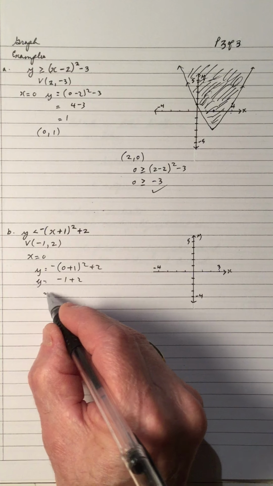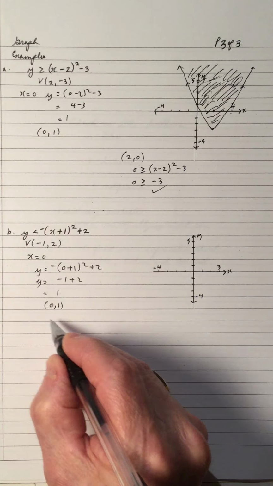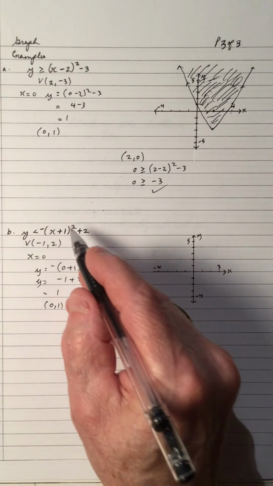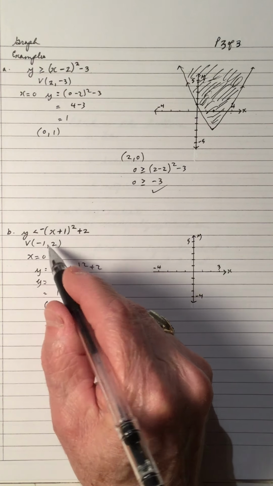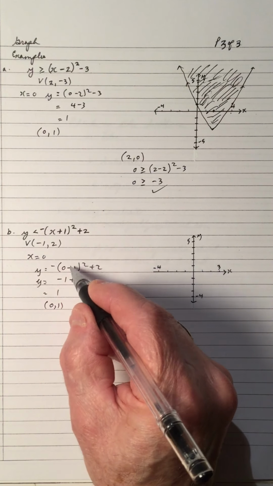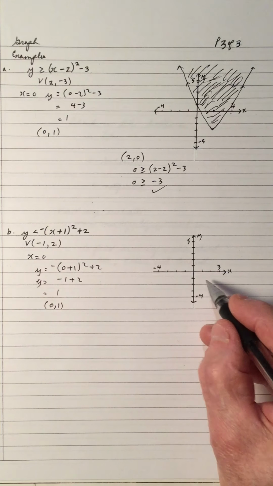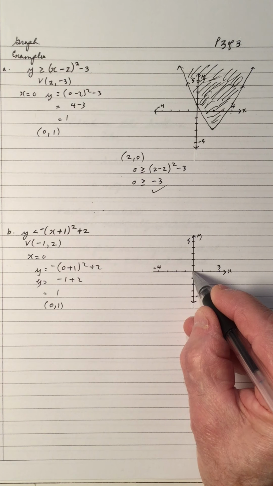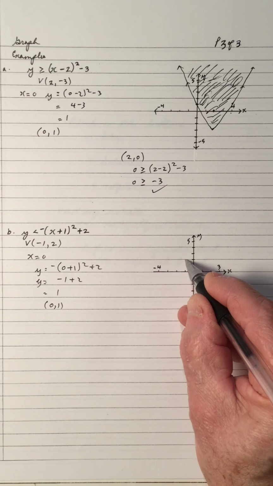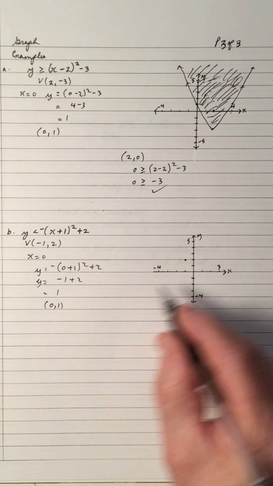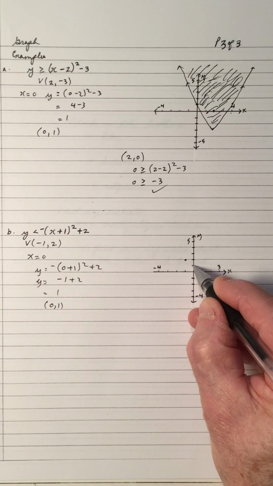So y becomes 1, and we get 0, 1. Just to make sure, vertex is -1, 2, and we plug x is 0 in. Looks good. So the vertex is x is -1, y is 2, right there. The y-intercept is x is 0, y is 1, which is there.